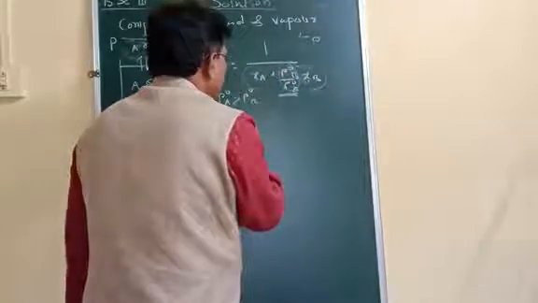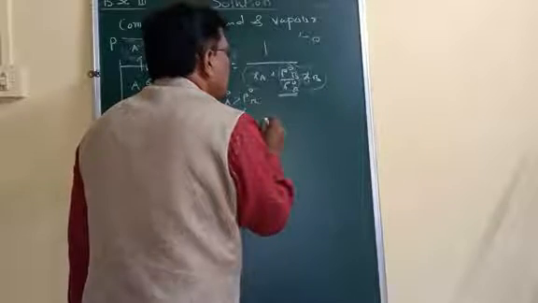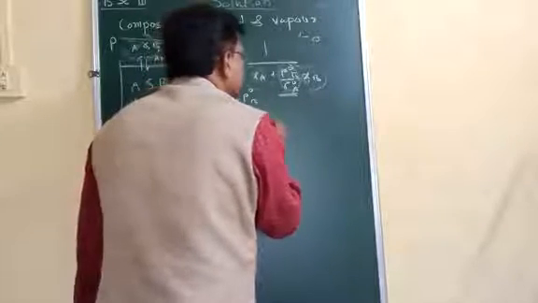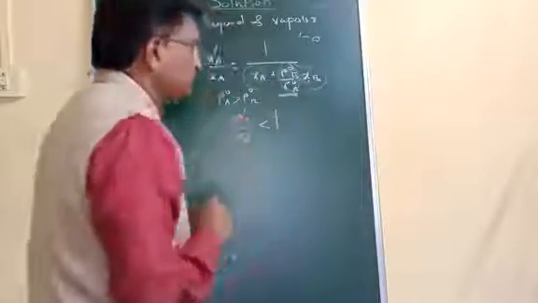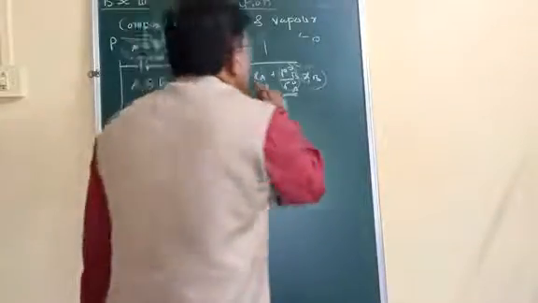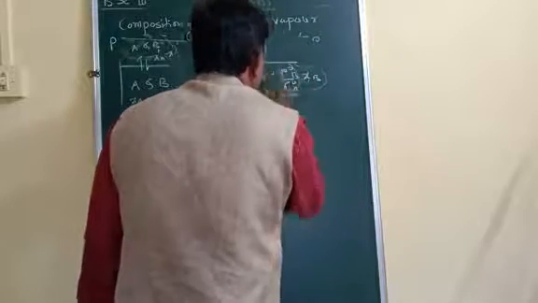That means this value x dash A upon xa is less than 1. Sorry. This is less than 1. Oh, sorry. This is greater than 1.